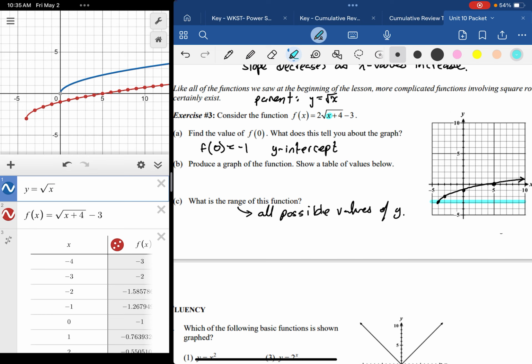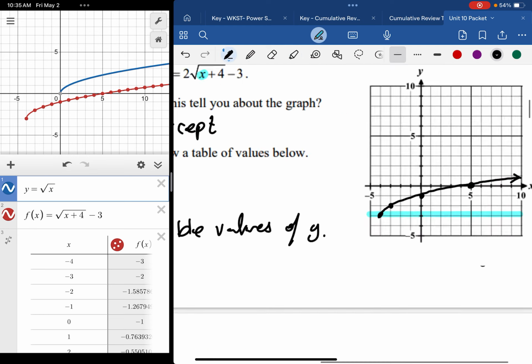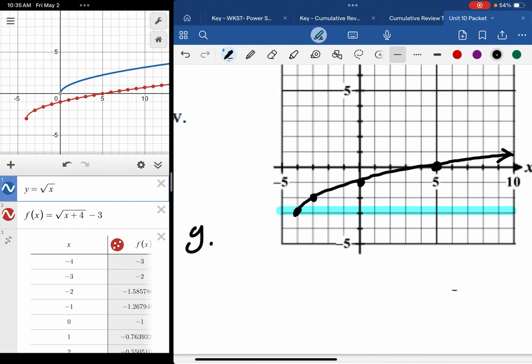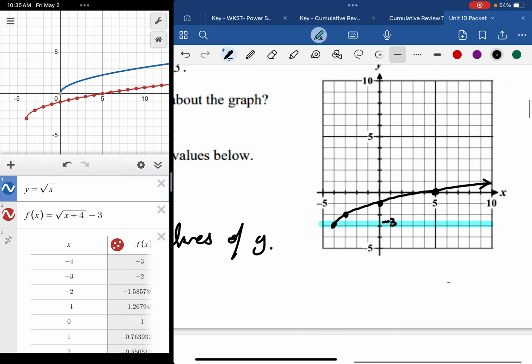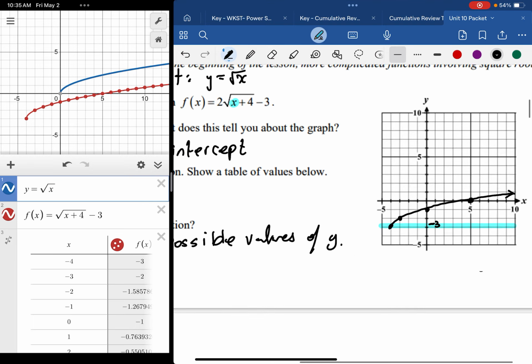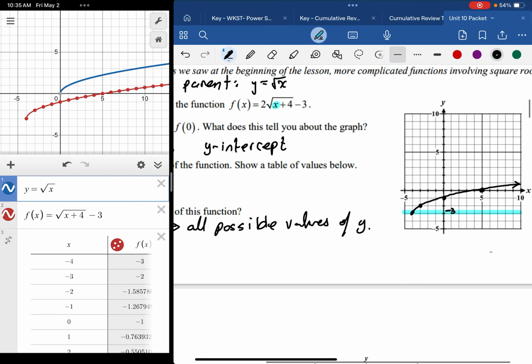So your y values for your graph start off at -3, and they never stop. The graph never stops increasing. So there is no upper bound, right? So it starts at y equals -3 and never stops increasing.